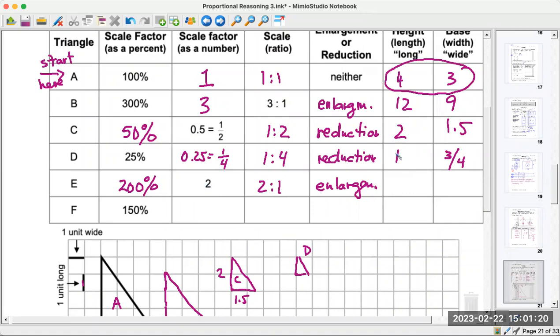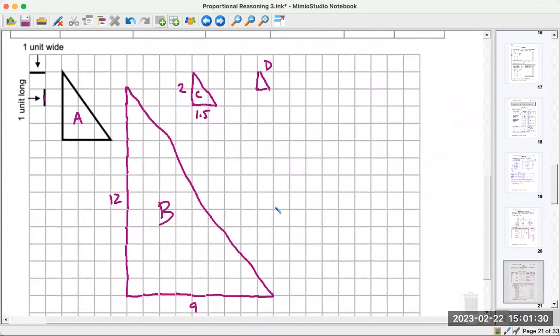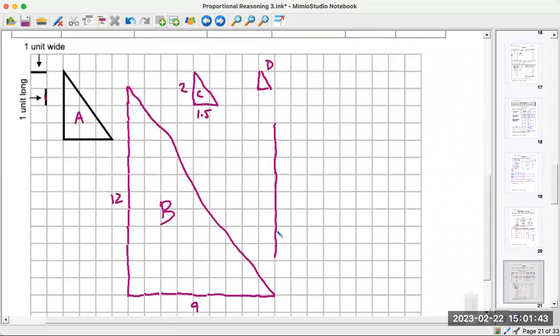Twice as big means you're going to have 8 in length and 6 in width. So twice as big, 8 in length. So I'm going to plop it right here. 1, 2, 3, 4, 5, 6, 7, 8. And how much in? 6. 6 on the bottom. 1, 2, 3, 4, 5, 6.